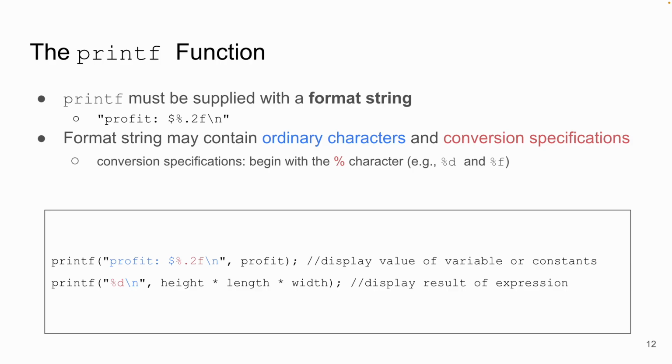All these things are called ordinary characters. They are just characters. However, we also have some characters in red. The characters in red we call conversion specifications. I know this is a new word, but please try to remember it, conversion specifications. A conversion specification tells the computer how to convert this value into the desired printed format. That is why it is a conversion.